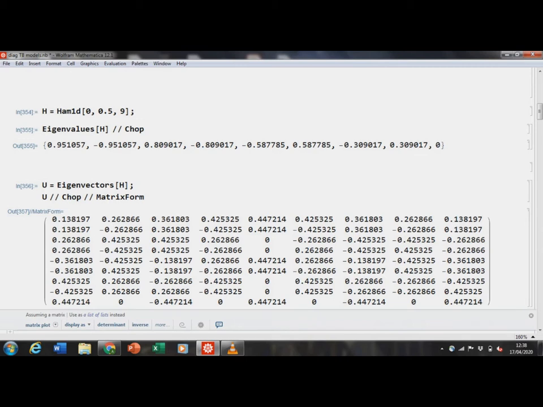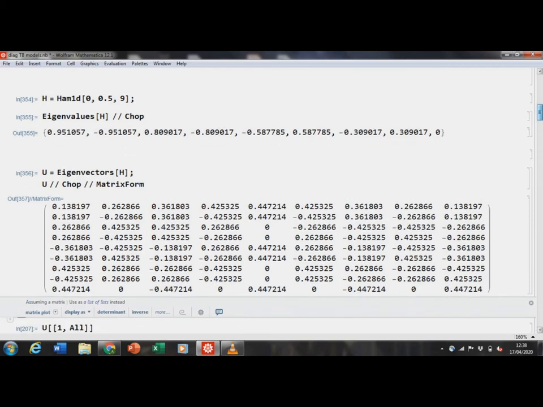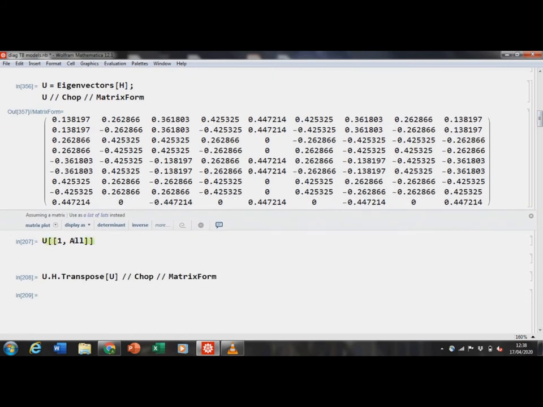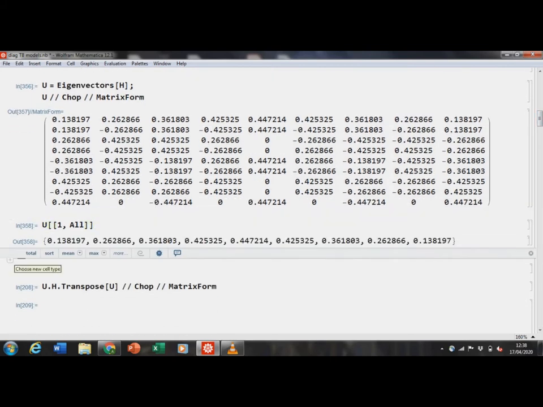As we know, the eigenvectors are actually contained in a matrix U, which can be used in a similarity transformation to diagonalize the Hamiltonian. In particular, the rows of this matrix are the different eigenstates. Let's have a look at the first one as an example. This is the first eigenstate.